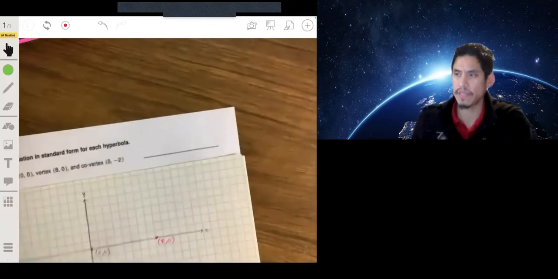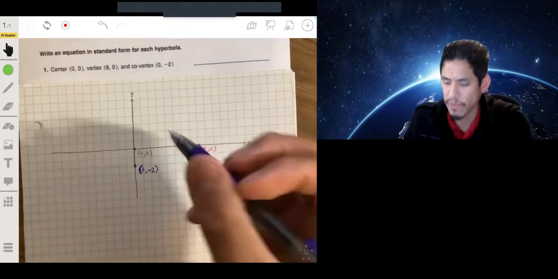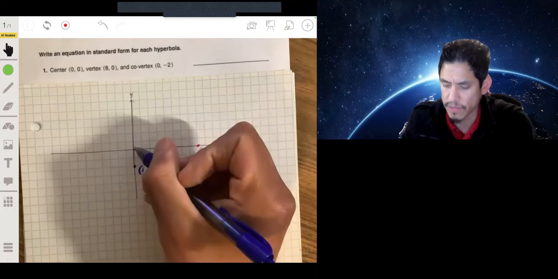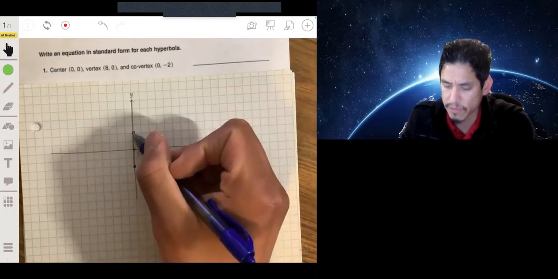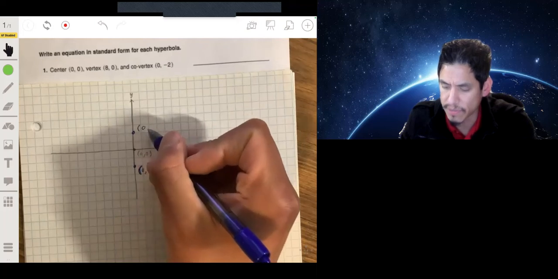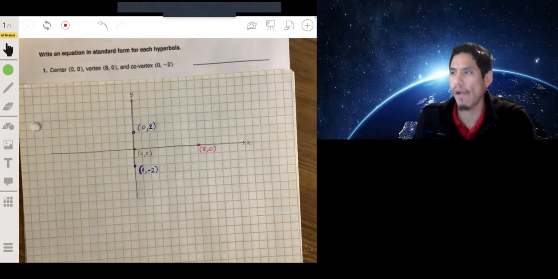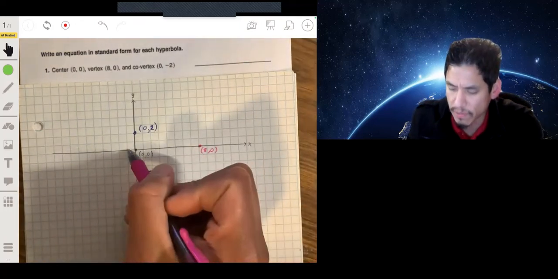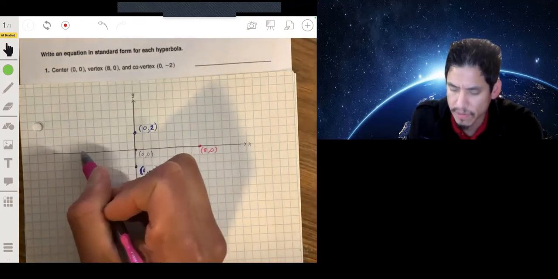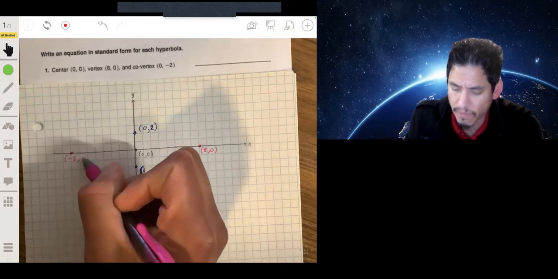Since it's centered at 0, 0, we know that the other co-vertex will be at 0, 2, because it's going to be 2 away from the center here. And then the other vertex will be at -8, 0, because again, it will be 8 units away from it to the left.